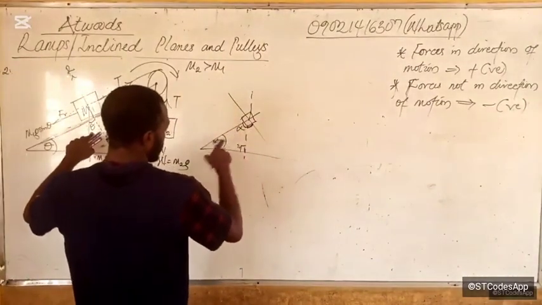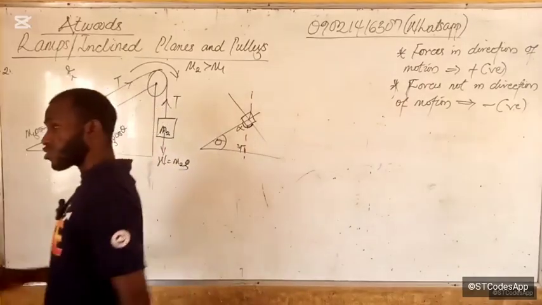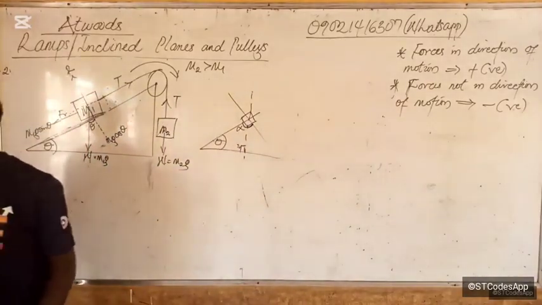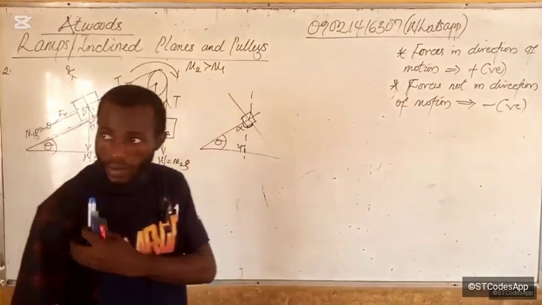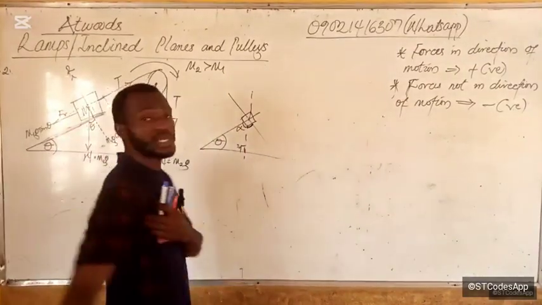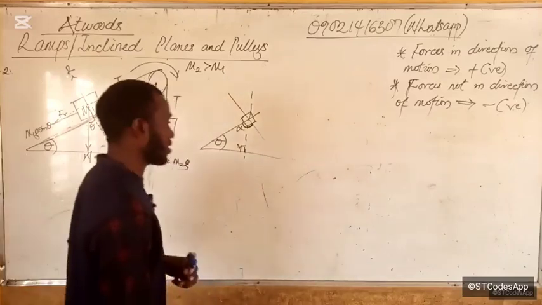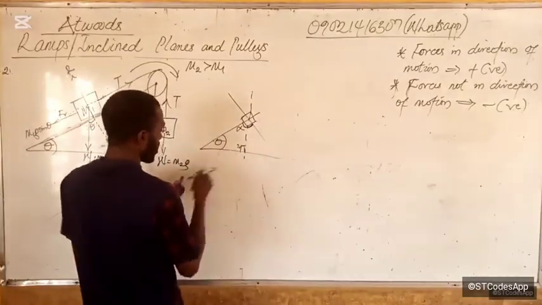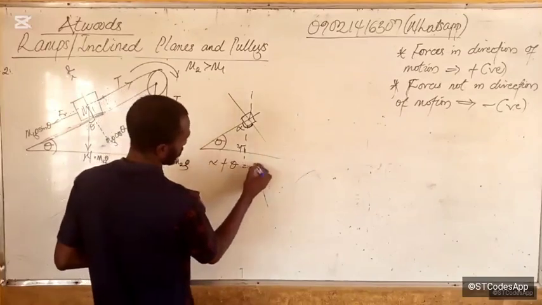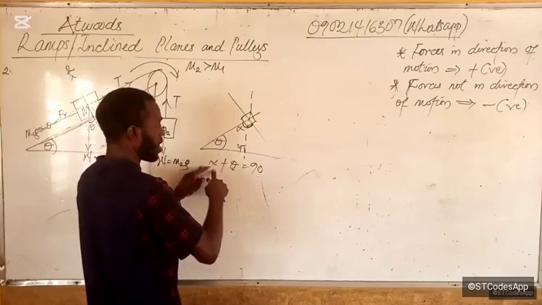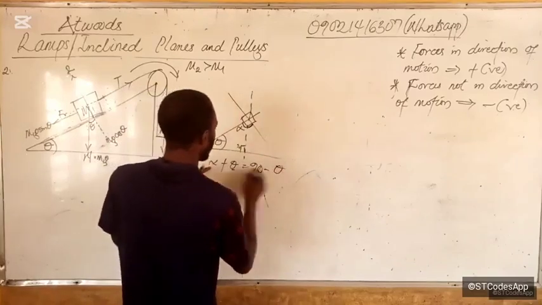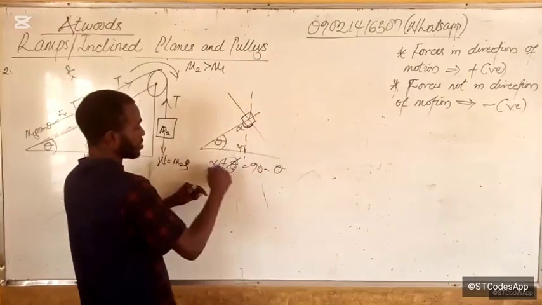Since the sum of angles in a triangle is 180, and we already have one as 90, the remaining two add up to 90. Does that make sense? So alpha plus theta should give us 90. I already know what theta is, so alpha will be 90 minus theta. Is that okay? Alpha will be 90 minus theta.